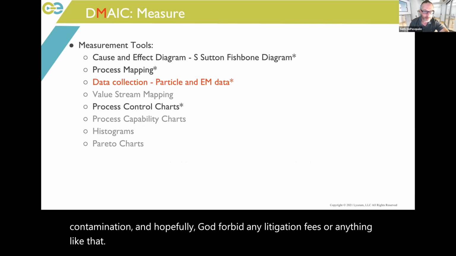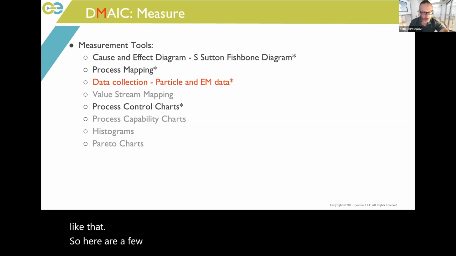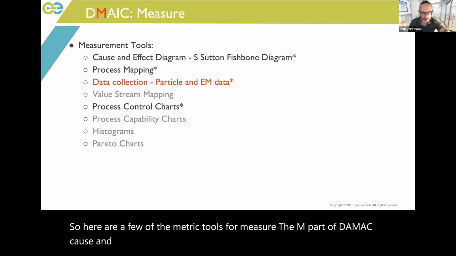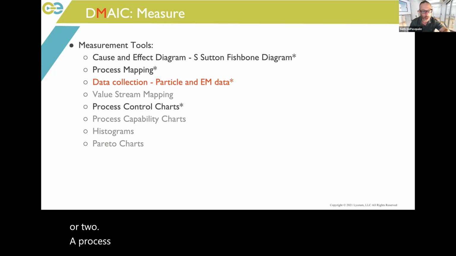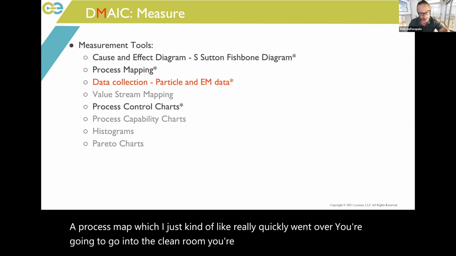So here are a few of the metric tools for measure, the M part of DMAIC. Cause and effect diagram, which I'm going to show you on the next slide or two. A process map, which I went over really quickly. You're going to go into the clean room, you're going to gown up, you're going to do the compounding.